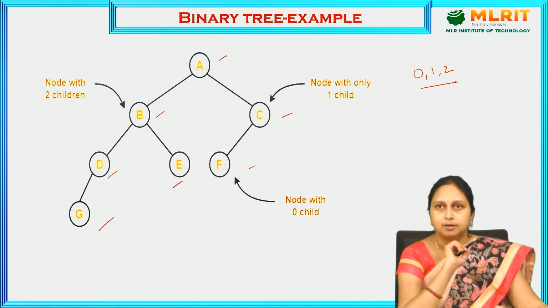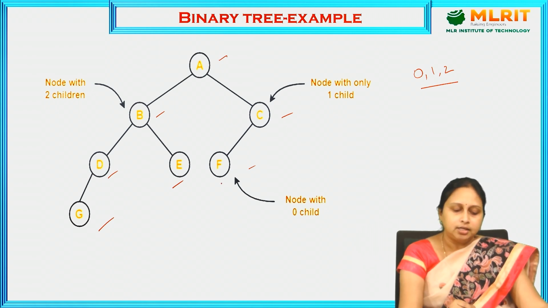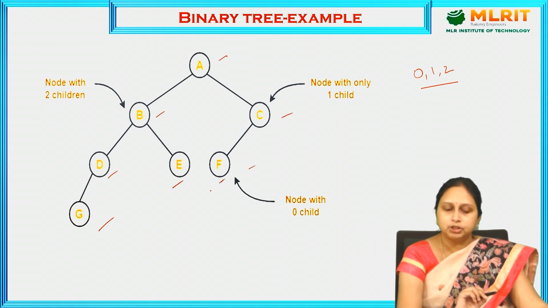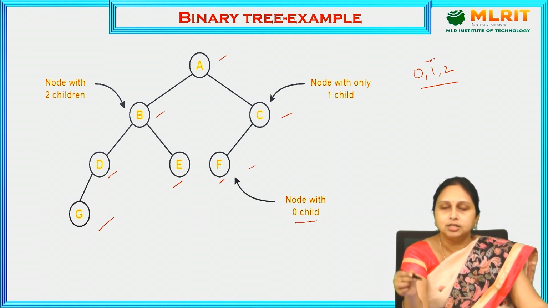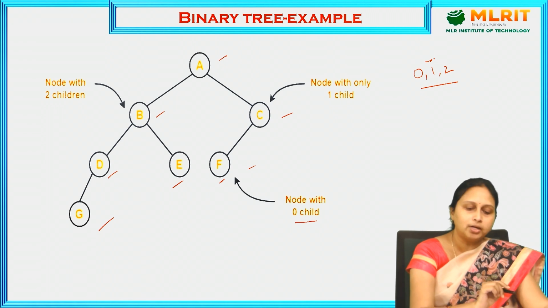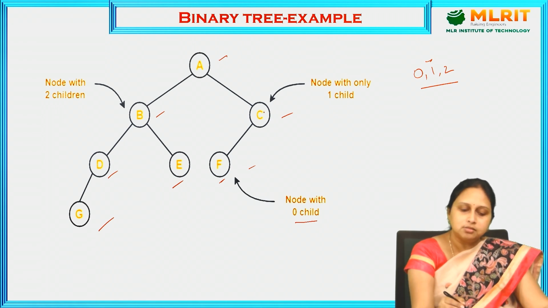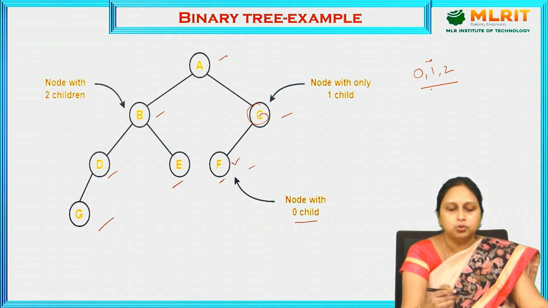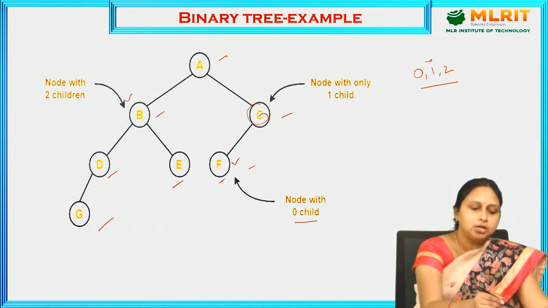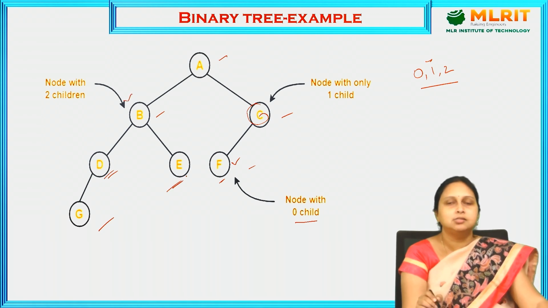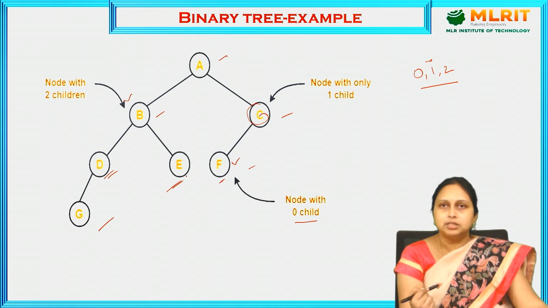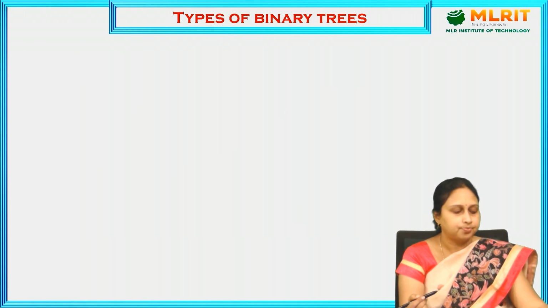Here, for this node, we don't have any children, a node with 0 children. You can see a node with 1 child is also there. And a node with 2 children, that means here B is a node having 2 children. Yes, this is a binary tree because it satisfies all the cases.